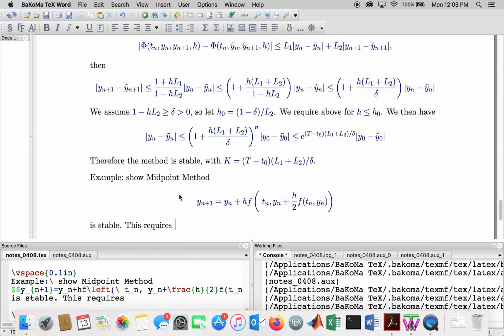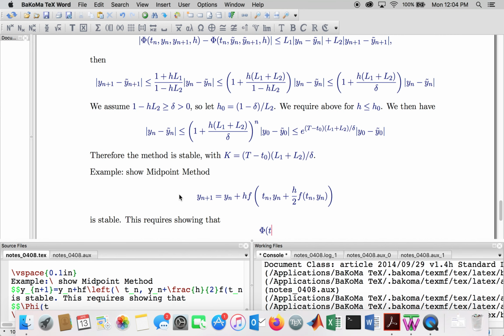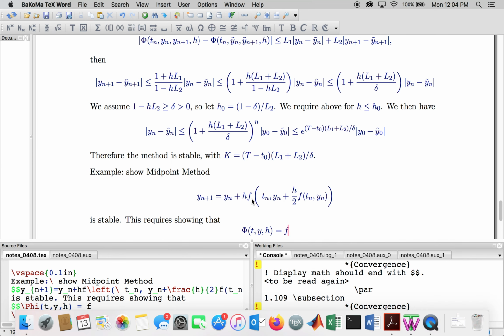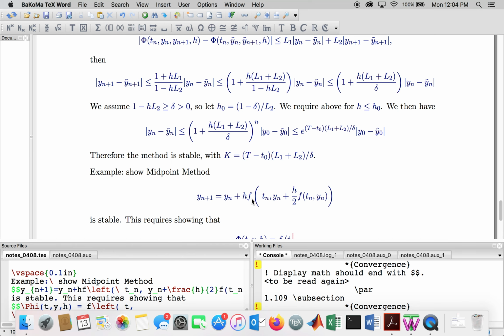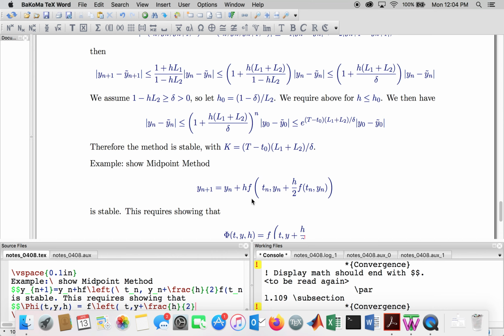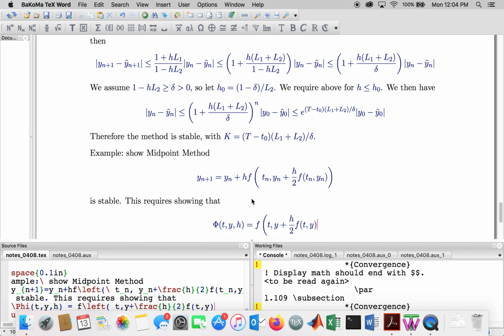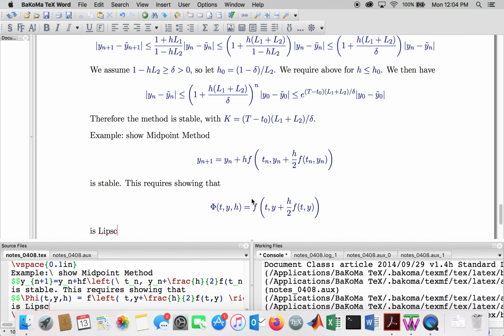This requires showing that phi(t, y, h), which is everything in here except for a factor of h, so it's going to be f of t and then y plus h over 2 f of t, y, is Lipschitz continuous in y.